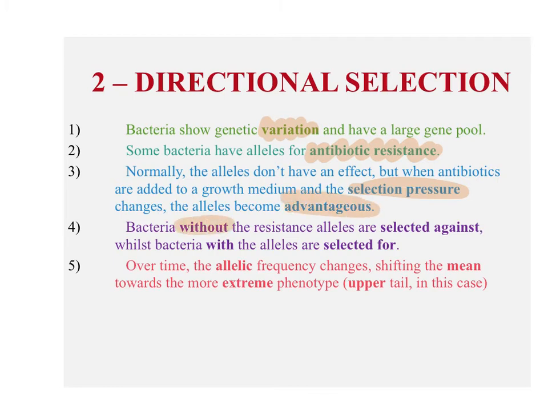Bacteria without the resistance are selected against, while bacteria with the alleles are selected for. Okay, so we're positively evolving to have lots of population with that mutation that gives them resistance. And over time, the allelic frequency changes, shifting the mean, so the mean allelic frequency, the most common phenotype, towards the more extreme phenotype. And generally we shift it upwards, especially in this case, towards the resistance end.